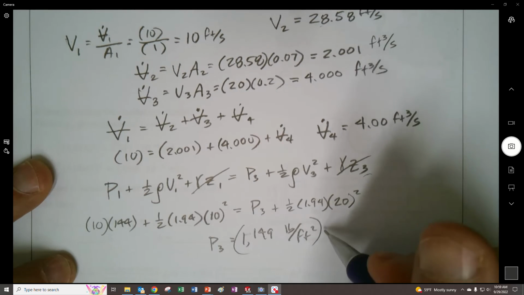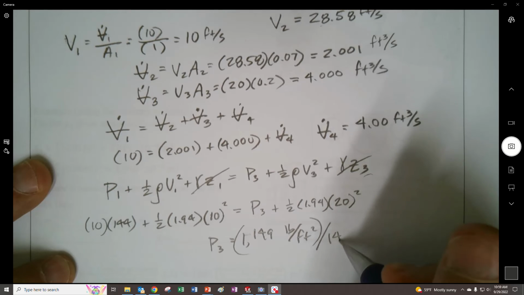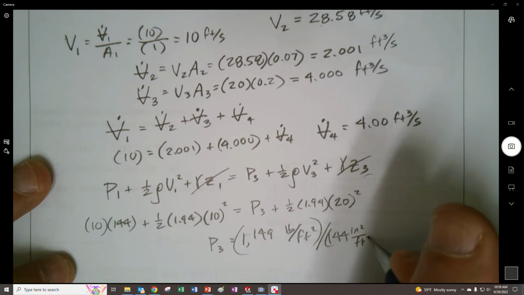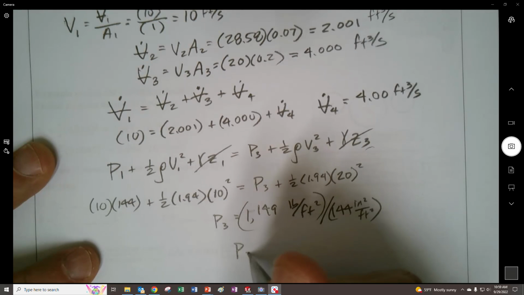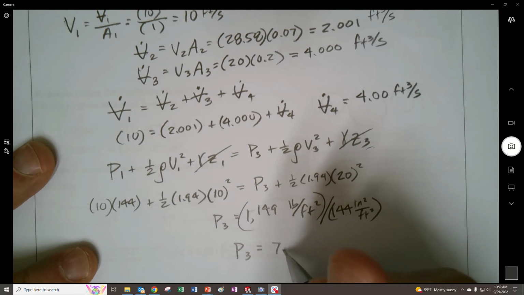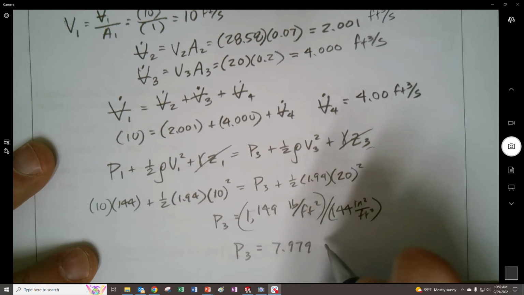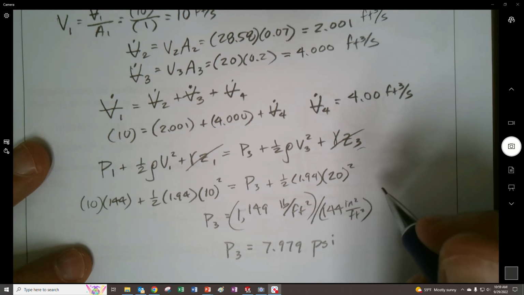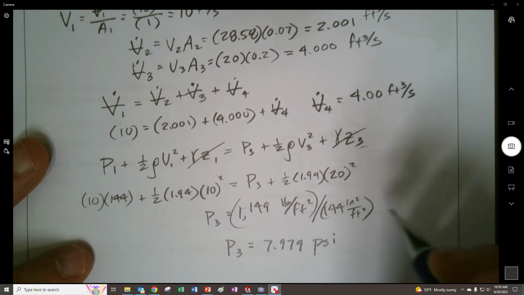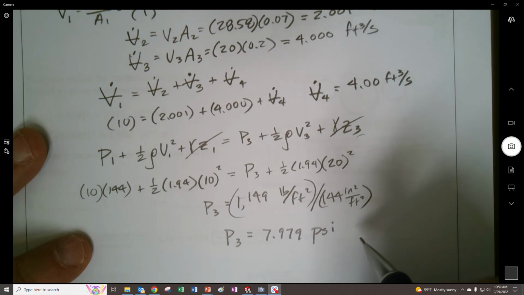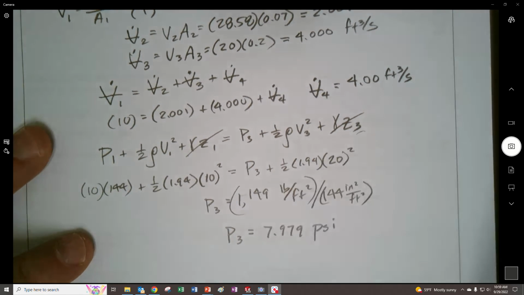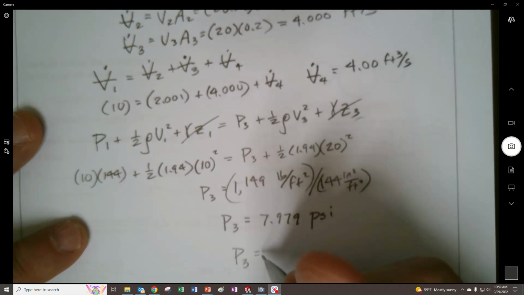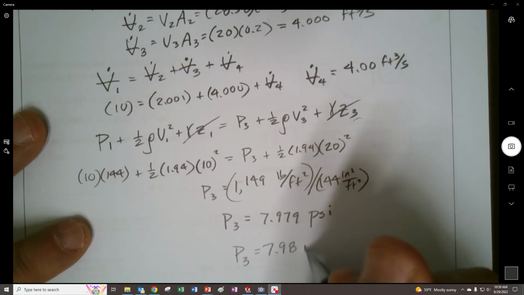So divide it by 144 inches squared per foot squared, and what we're left with is 7.979 psi. We could assume this is psi-G, because unless there's a good reason to, most everyone always reports pressure. When they say psi, they kind of imply psi-G. So we might as well go 7.98 psi.